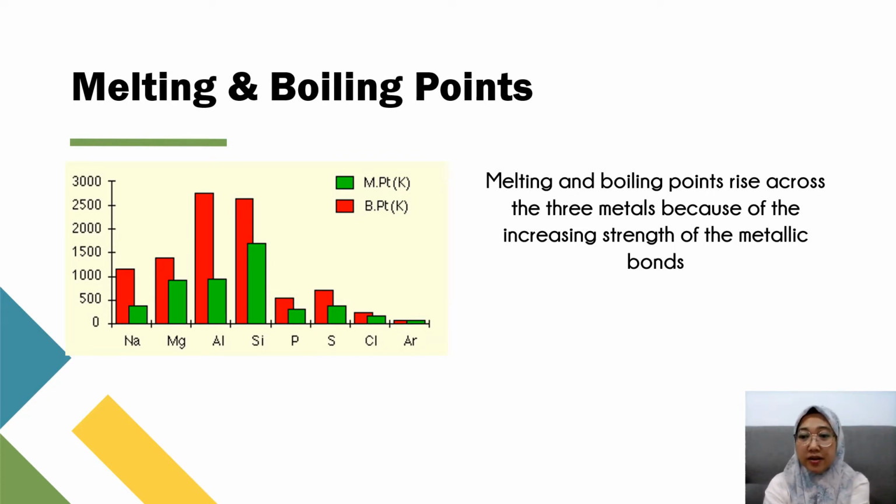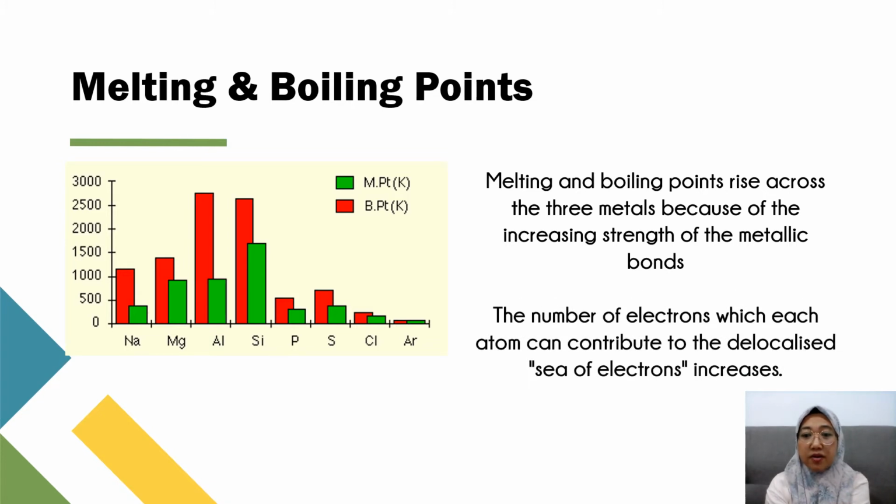Okay, the number of electrons which each atom can contribute to the delocalized sea of electrons increases. Okay, ni maksudnya tadi lebih banyak electrovalence, lagi banyak elektron yang boleh contribute untuk delocalized sea of electrons.